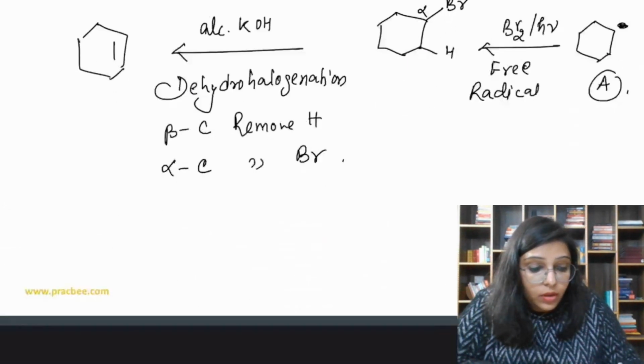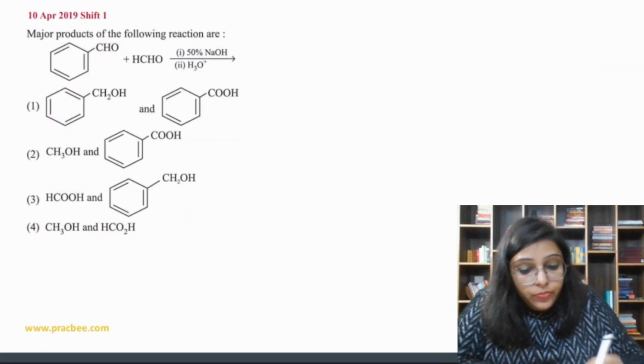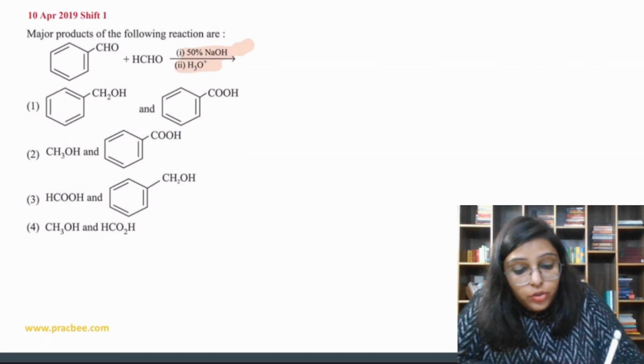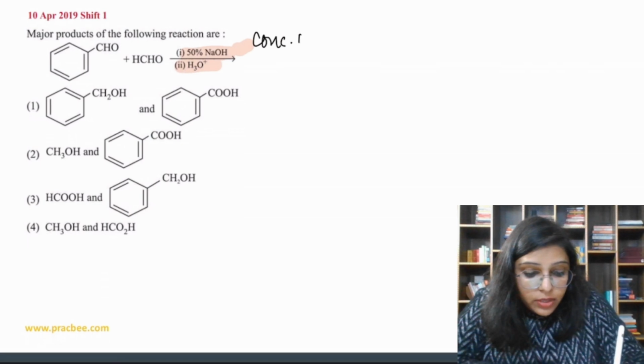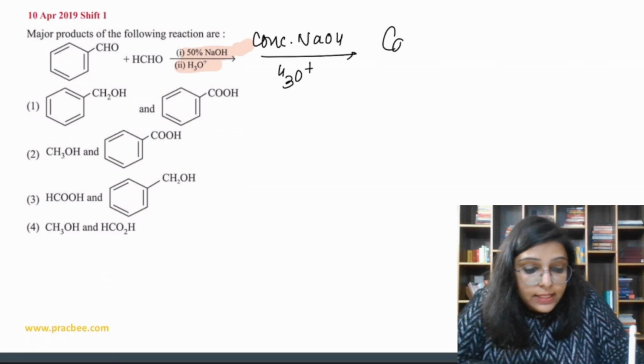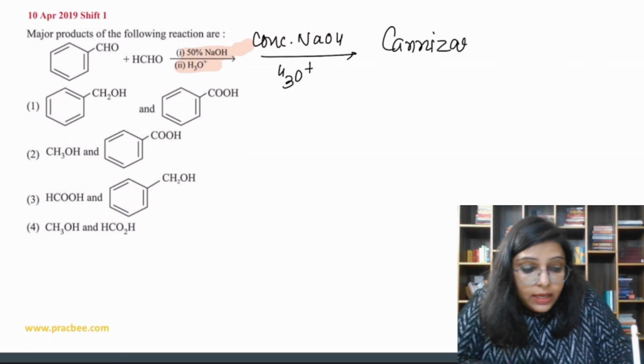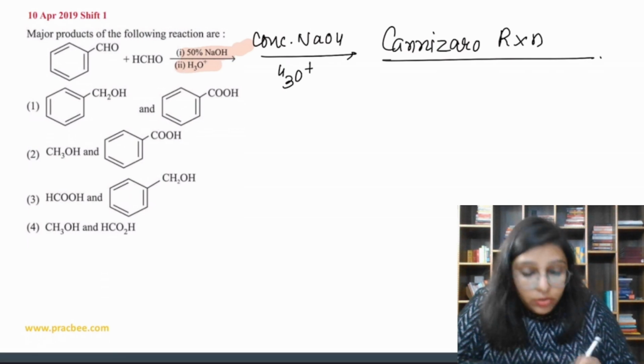Okay, now next question: 50% NaOH and H3O positive. So 50% NaOH means it is concentrated NaOH, and then H3O positive. So this is the Cannizzaro reaction. So how to find out the product?